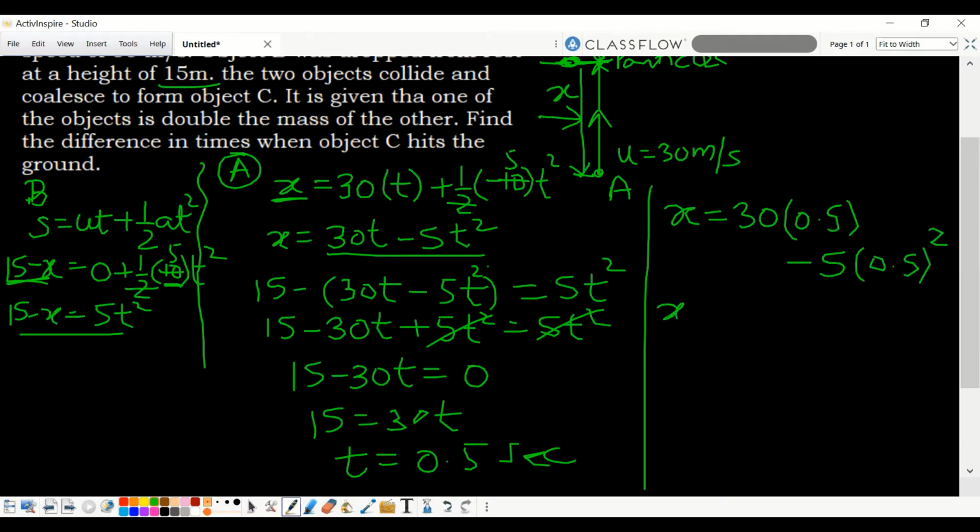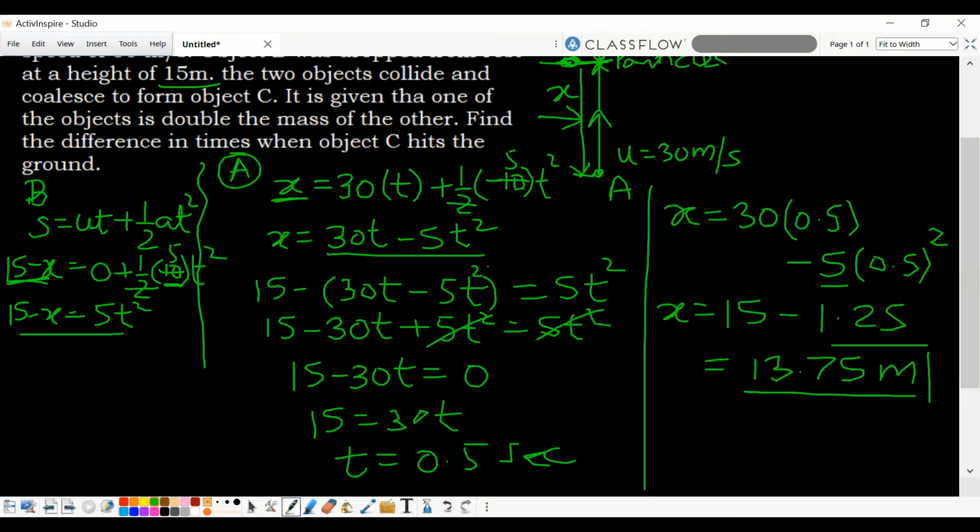So x equal to 15 minus 5 times 0.25, which is 1.25. Okay, that comes out to 13.75 meters. This is the height from the ground where they collided. So now we have to find out how much time C will take. C is the combination of the two objects, to reach the ground over 13.75 meters.